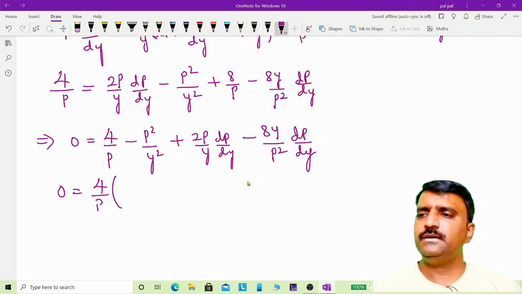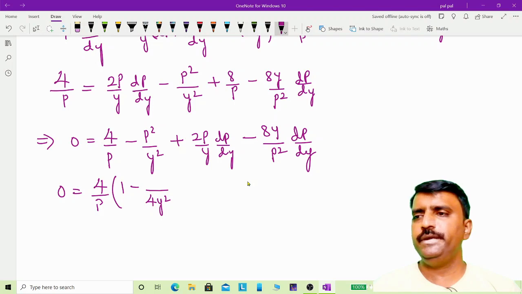If 4 by p comes outside, it is 1 minus, here there is no 4, actually we have to put 4 by 4 then. So then it becomes, in the denominator, one extra 4 comes, 4, and this y square as it is, and in the denominator we are taking one p as a common factor. So we have to put one more p in the numerator. So p square becomes p cube, like that.